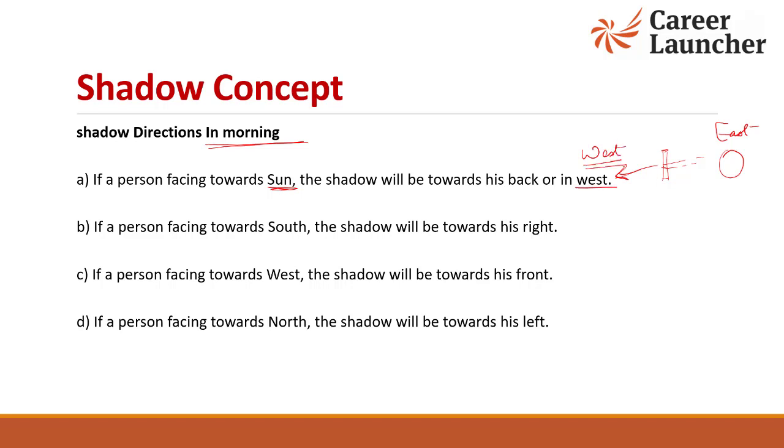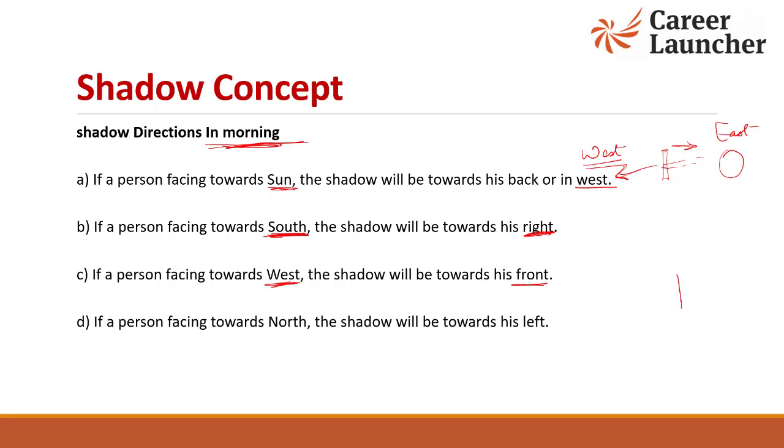If the person is facing south, in the morning time, the shadow will be towards his right. If the person is facing towards west, the shadow will be in his front. So we're saying this, when we took the first case, the person is facing this side. That's why we are saying the shadow will be at the back.